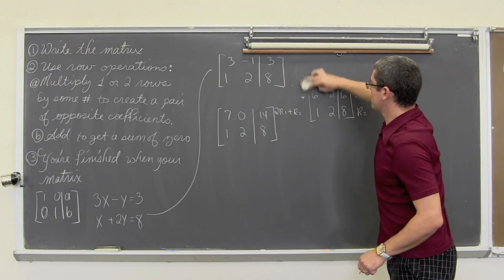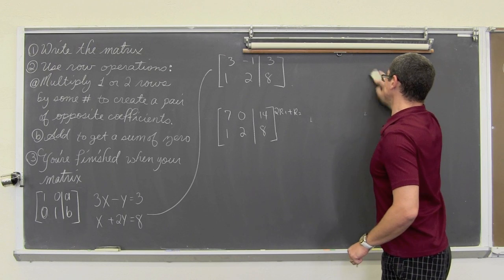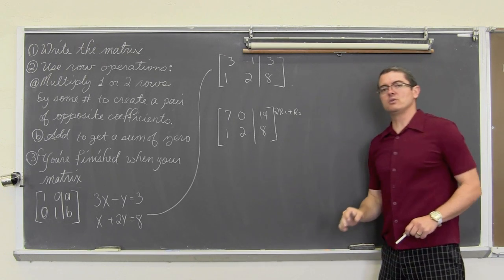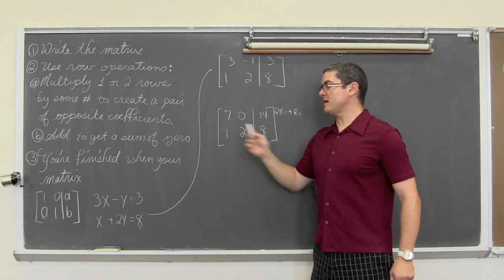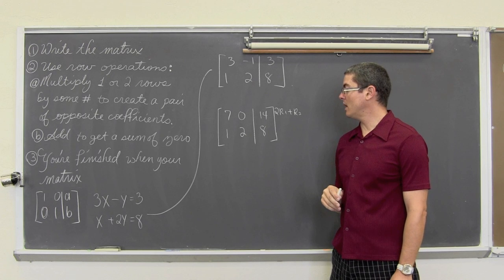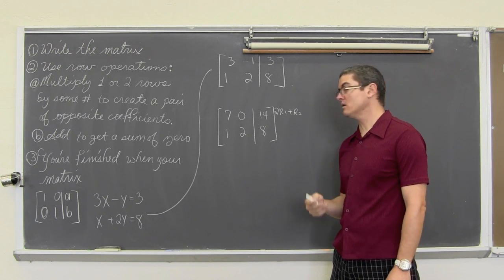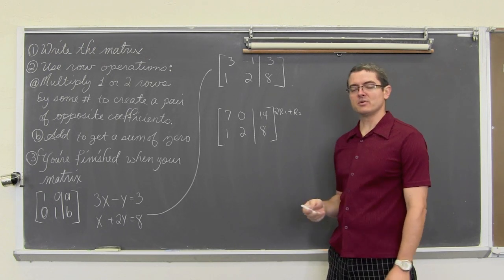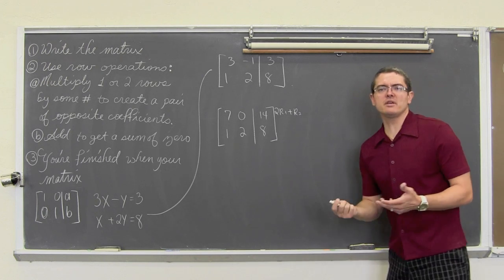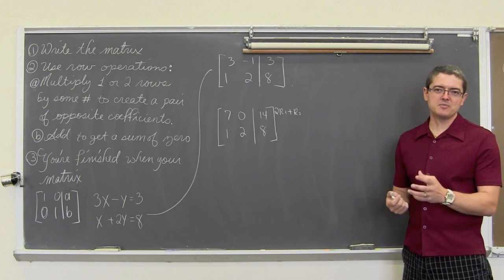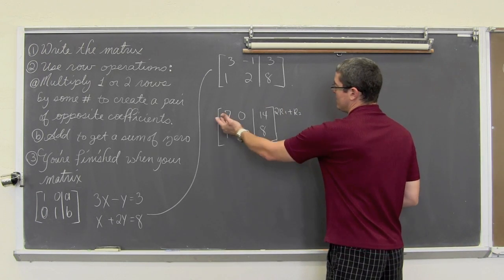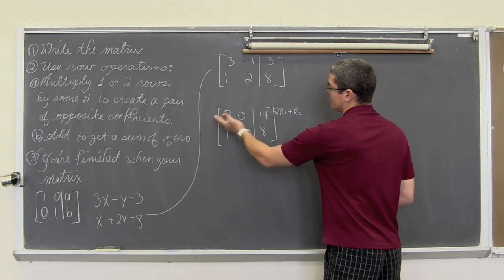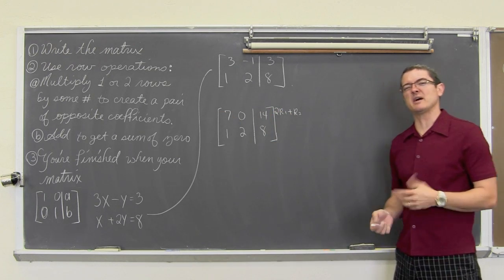So let me get this scratch work off to the side here. Now I want to get this element equal to 0. Or, yeah, let's go ahead and do that, because the order that you do these is kind of up to you. At this point I could, and maybe I should, take this first row and divide it by 7.